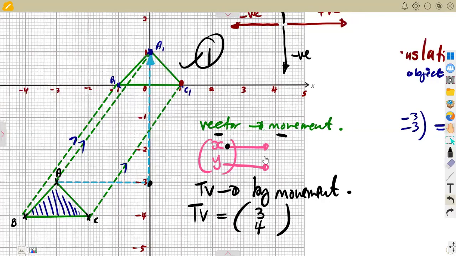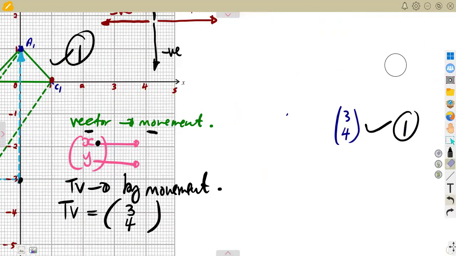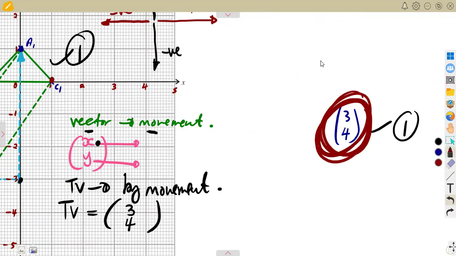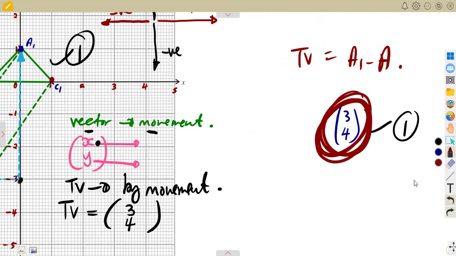So a translation vector can be given also from movement, which is the same thing that we obtained earlier by calculation when we used the formula for the translation vector, the image minus the object point. So you can do that by calculation or by movement.